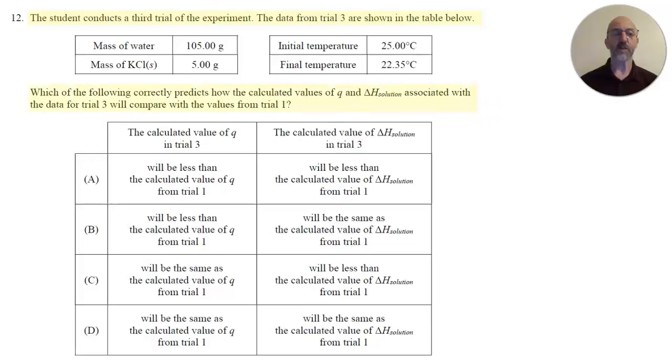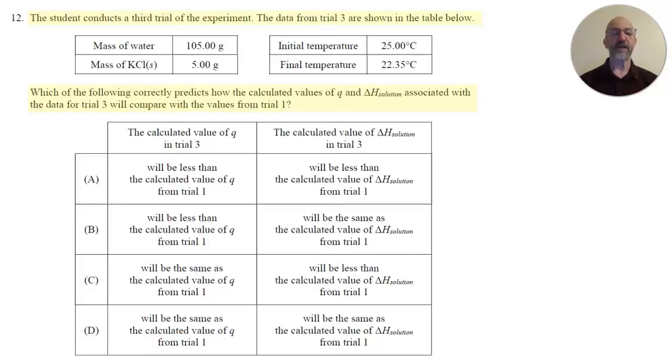And the question says, which of the following correctly predicts how the calculated values of Q and the delta H, or the change in enthalpy of solution, associated with the data for trial 3 will compare with the values from trial 1. So we have the calculated value of Q in trial 3, and then we also have the calculated value of the enthalpy of solution in trial 3.